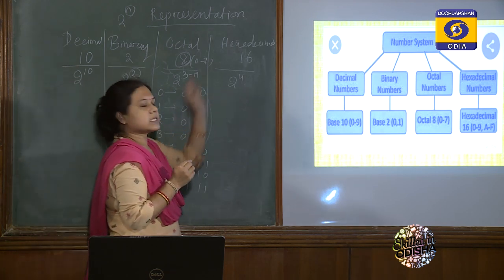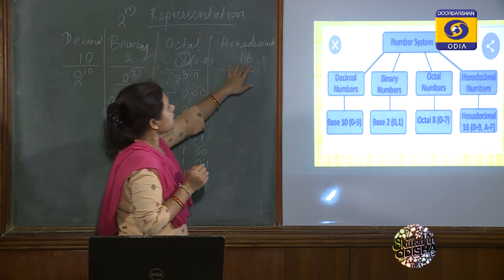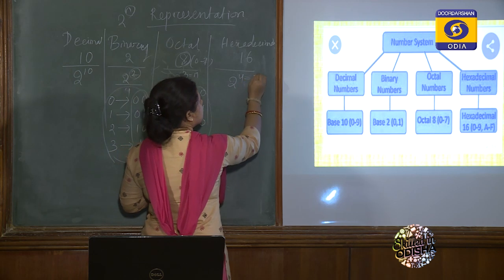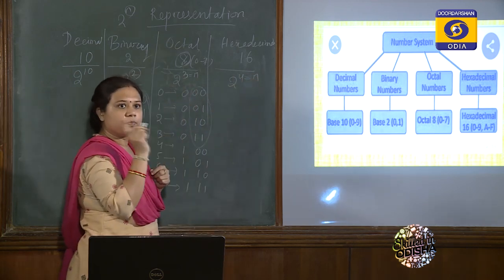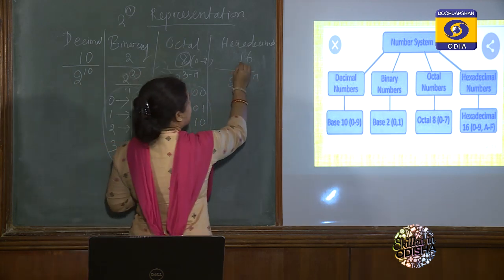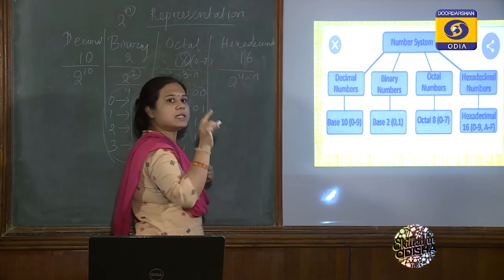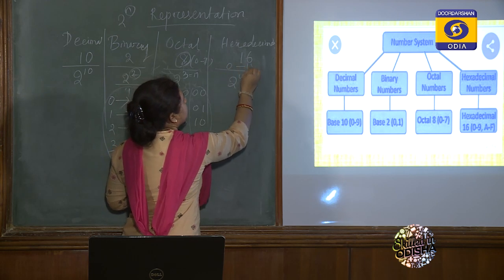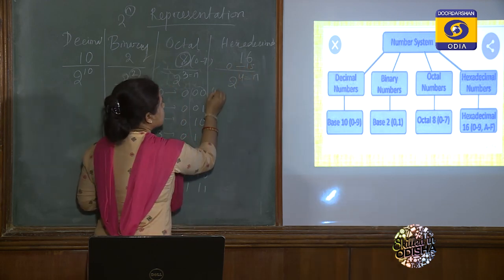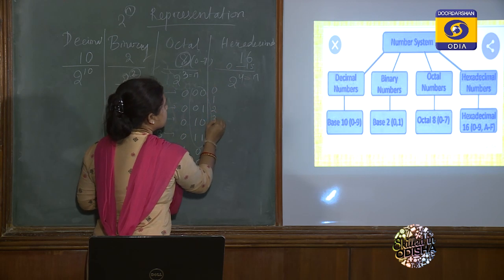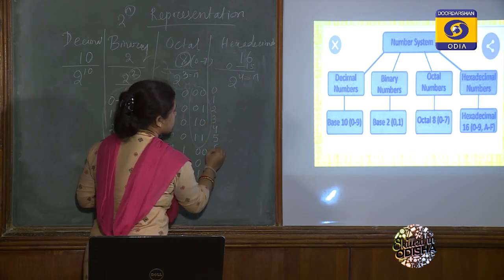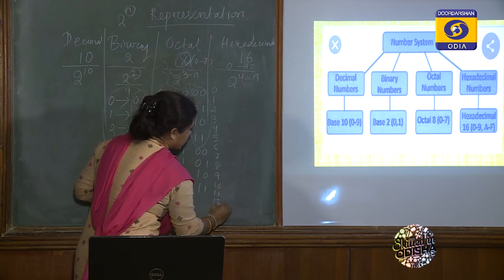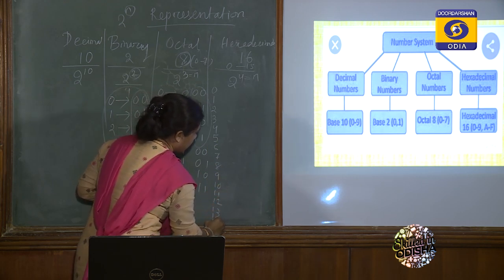Next comes the hexadecimal representation. Here 16 means 2 to the power 4, so the number of bits will be n, that is 4. The digits present in the hexadecimal number system go from 0 to 15: 0, 1, 2, 3, 4, 5, 6, 7, 8, 9, 10, 11, 12, 13, 14 and 15.